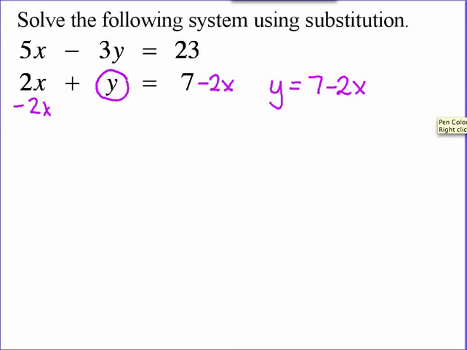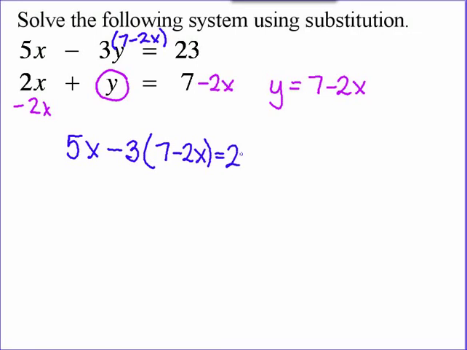Do we remember now what we do? You plug it in. Yep, we take 7 minus 2x, and I'm going to plug it right in here for y. So you're going to go to the first equation that we haven't used yet. You're going to plug in 7 minus 2x. So I end up having 5x minus 3 times 7 minus 2x equals 23.